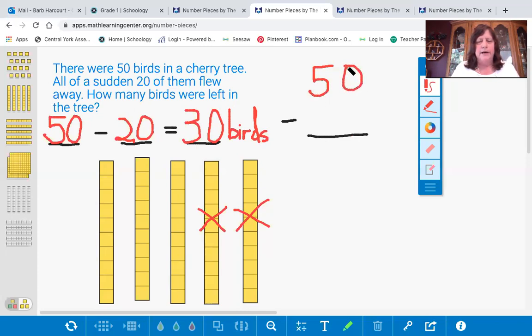We would write our next number, 20, underneath the 50, the 2 tens underneath the 5 tens, the 0 ones underneath the 0 ones, and our subtraction sign goes to the left of our second number. 50 minus 20, our straight line underneath is the equal sign, and we know that equals 30 birds. Once again, just another way to set up your problem if you would like to.